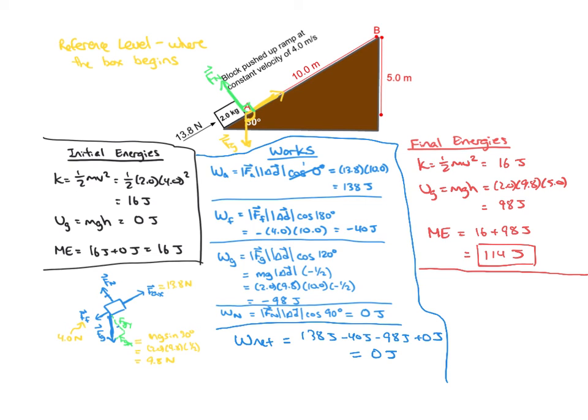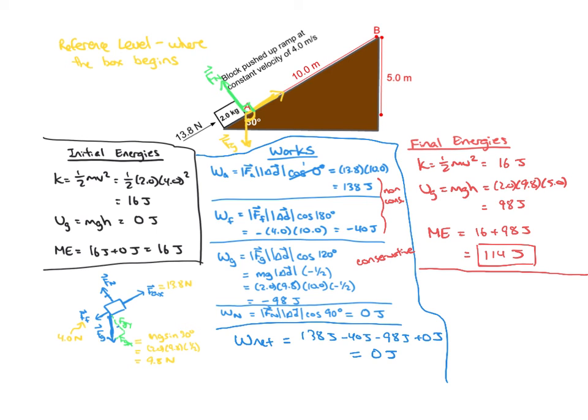A conservative force is, we'll get into that another day, but in this case, out of all of the forces we calculated the work for, only gravity is a conservative force. The other 3 were non-conservative, though the normal force doesn't really matter because it was 0 anyway. But applied and friction, we call these non-conservative.